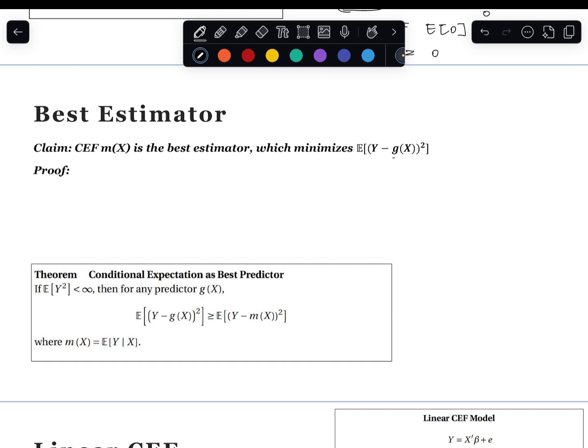So next, we want to claim that the CEF m(x) is the best estimator, which minimizes the expectation of (y minus g(x)) squared. So here g(x) means any predictor as a function of x. And here y still means the exact value.